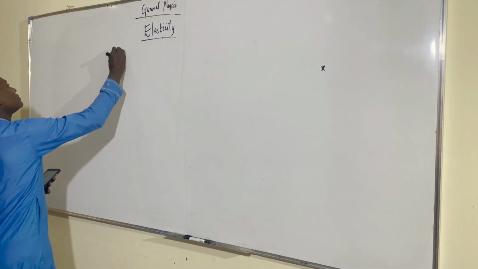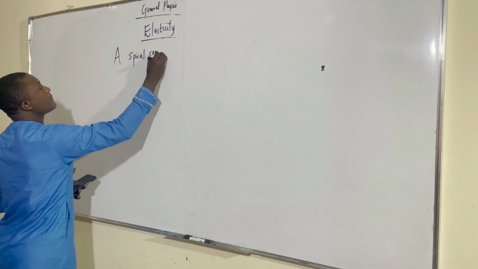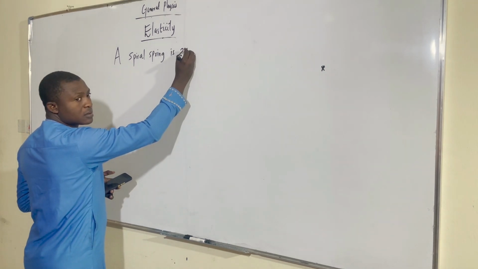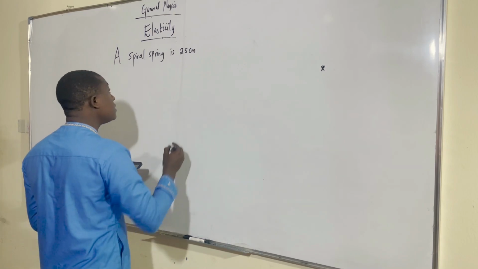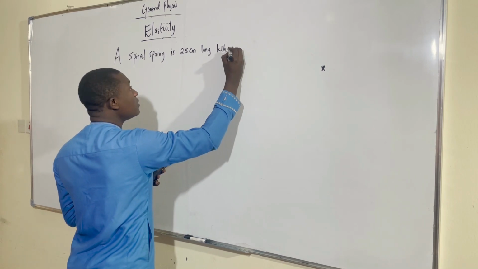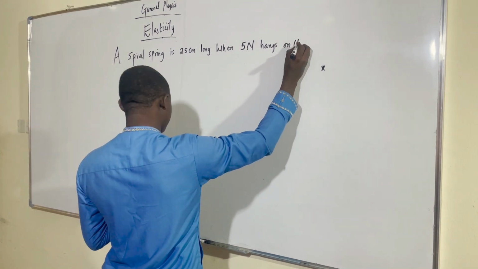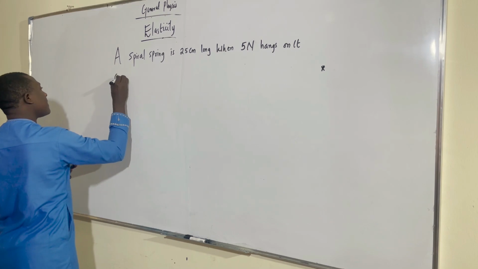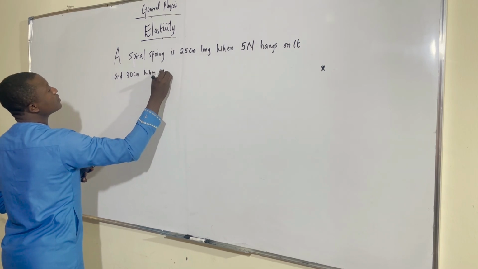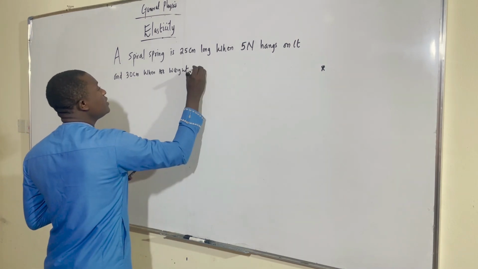They said a spiral spring is 25 centimeter long when 5 Newton hangs on it, and 30 centimeter when the weight is 10 Newton.